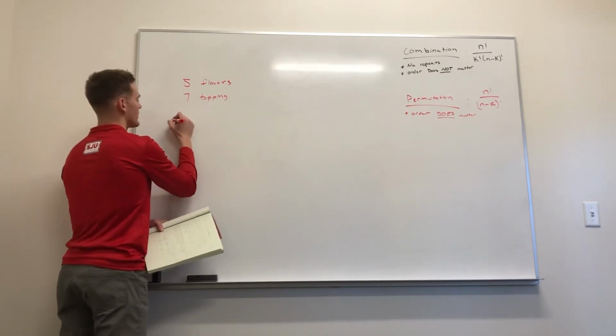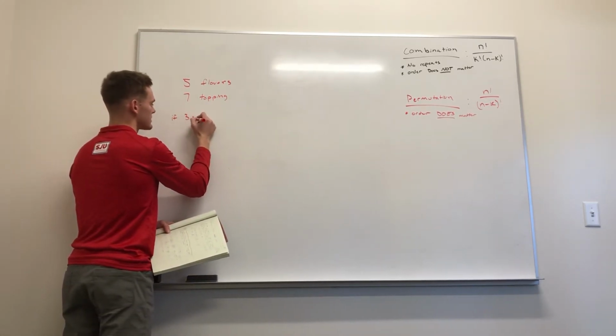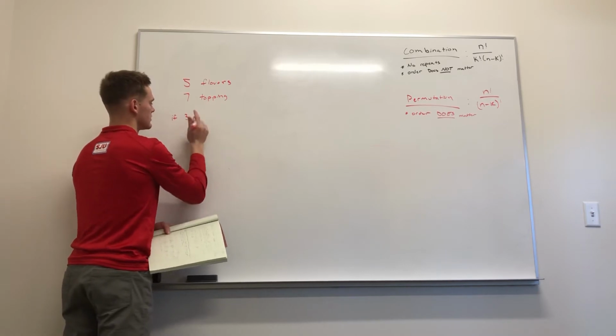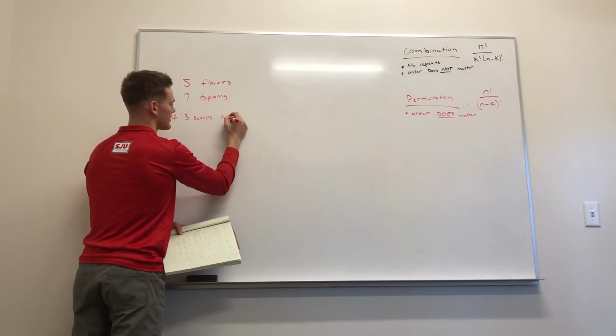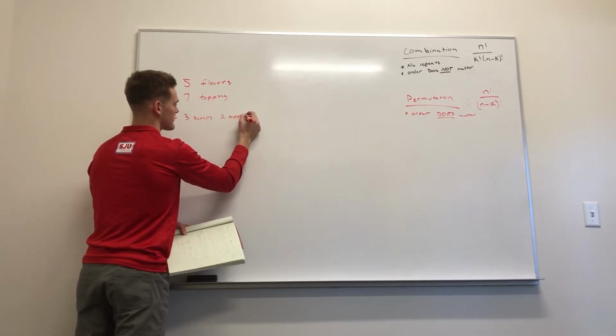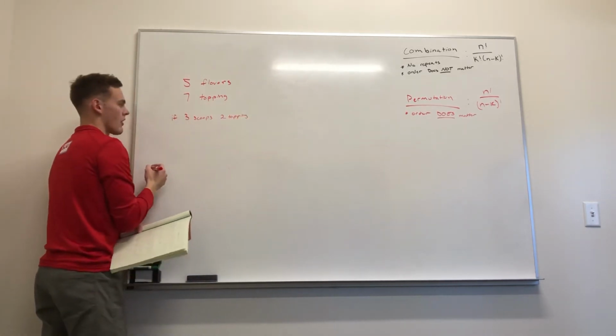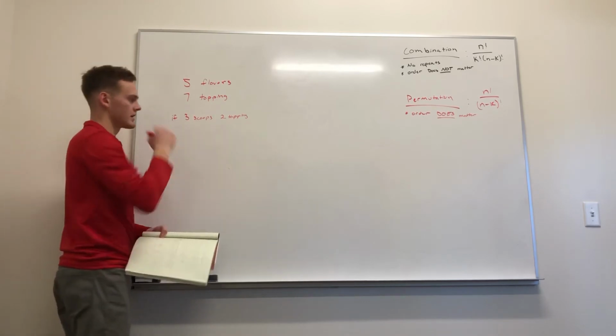If I only have 3 scoops and 2 toppings available, what is the total number of combinations I can make?